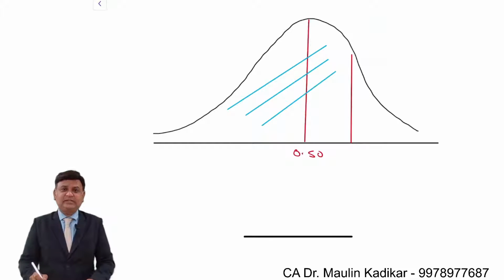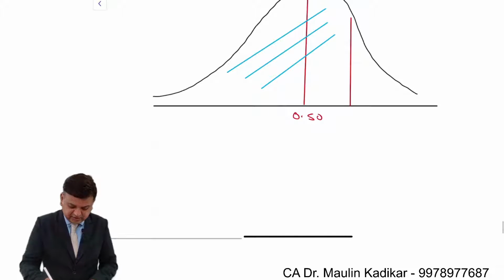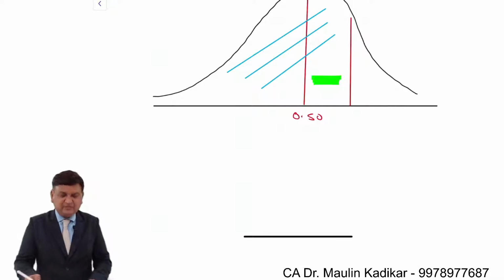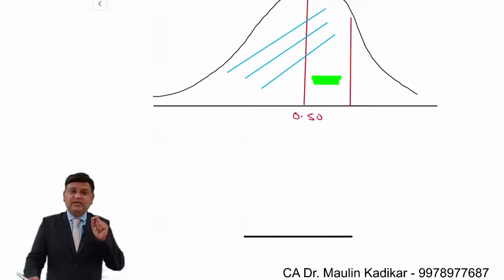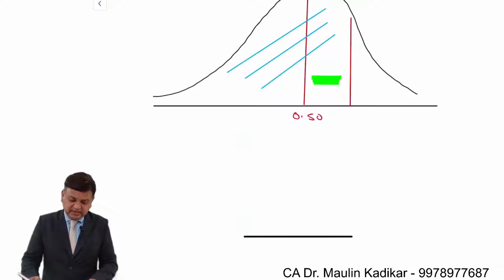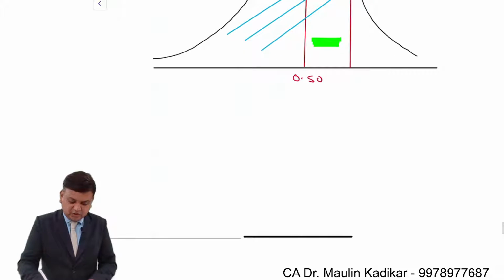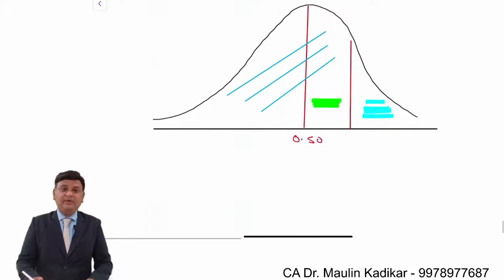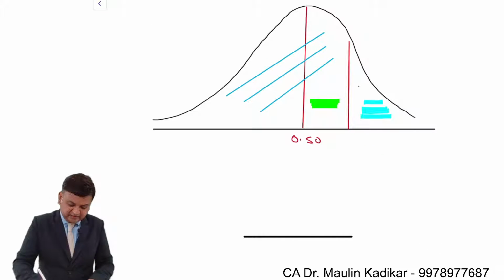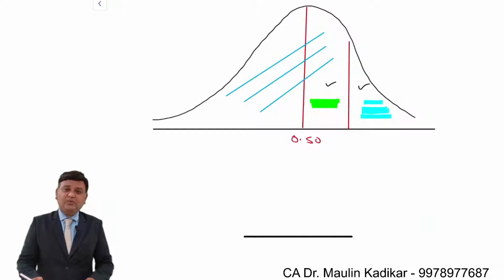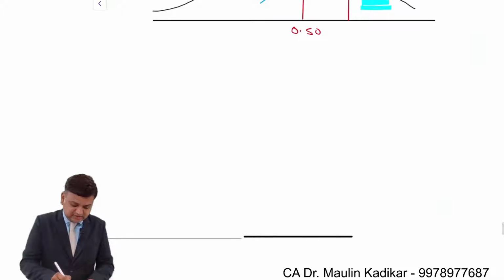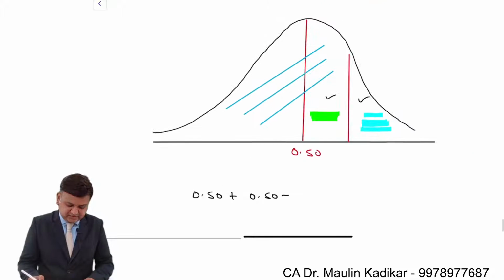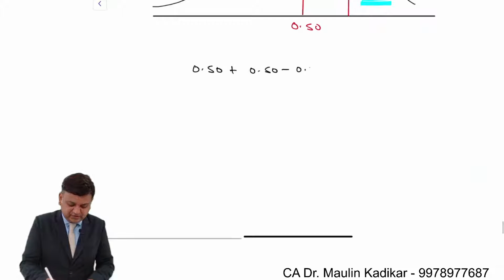So usually we have the Z table reading of this difference. However, whenever we have been provided with the reading of one tail, it means that we have been provided with the reading of this area. Now when you have been provided with the reading of this area and you are interested to know the reading of this area, you have to understand logically like this: 0.50 plus 0.50 minus 0.2804.